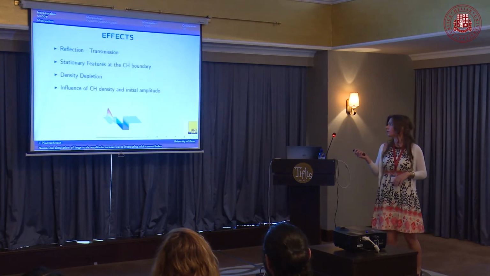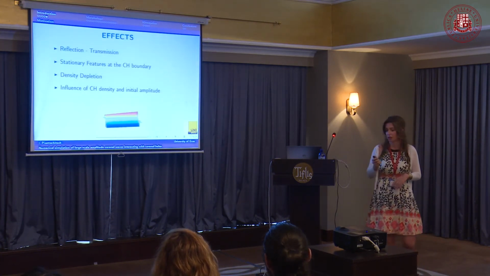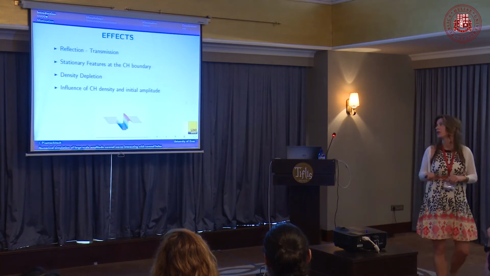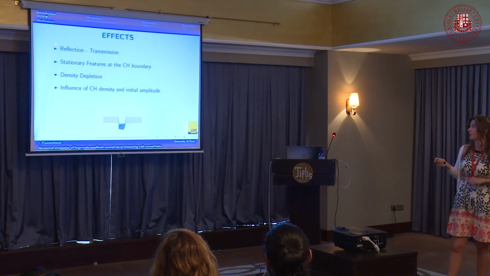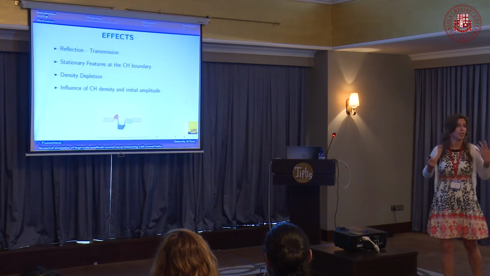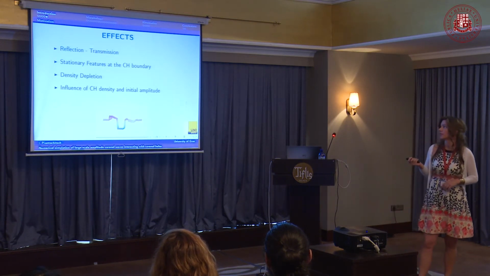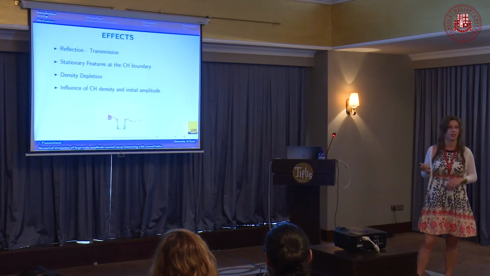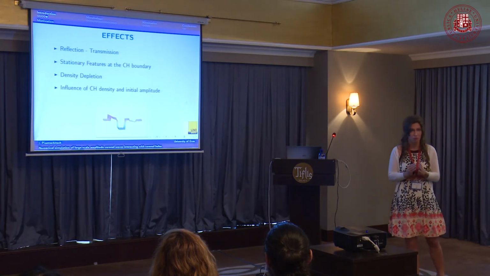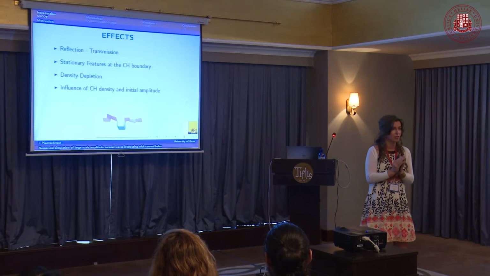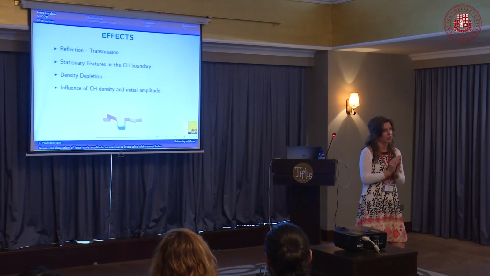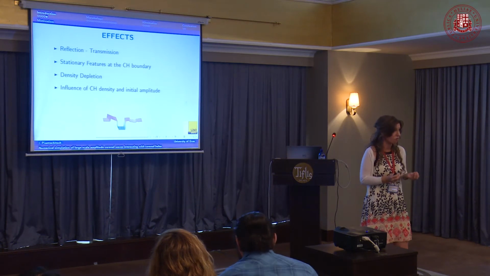So let's go, and in the course of this talk, I will show you that we will see first reflection and transmission, which anyway supports the wave theory. What is even more important, there will be stationary features at the coronal hole boundary. Why is this so important? Because these stationary features were one of the main reasons for the development of the pseudo-wave theory.